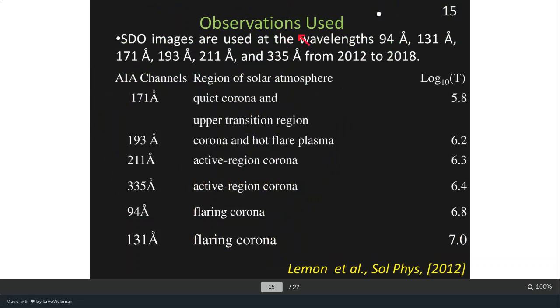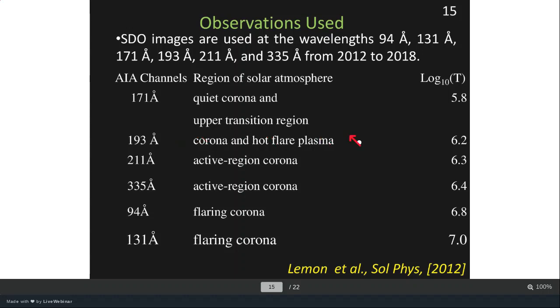This slide shows the observations used in this analysis. Actually, we used 7 wavelengths of SDO. 171 angstrom belongs to the quiet corona and upper transition region, and its corresponding temperature is 10 to the power 5.8 Kelvin. 193 angstrom data belongs to the corona and hot flare plasma.